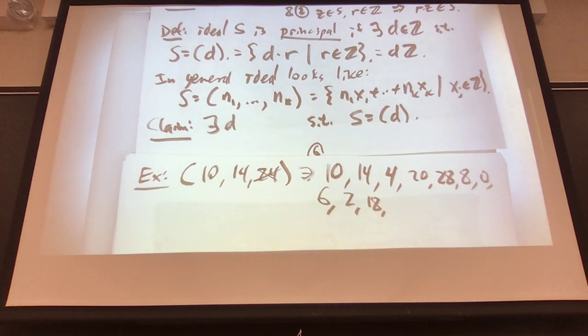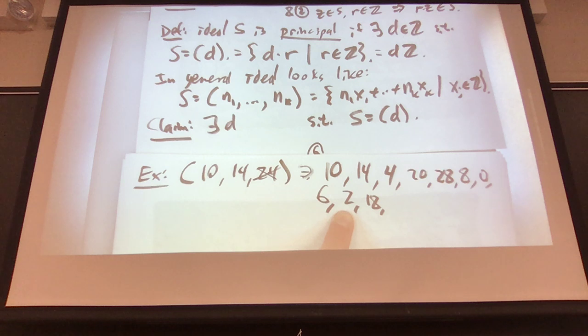So Drew said all evens. Since we have 2, we already know we can get all evens. Can we get any odds as linear combinations of 10 and 14? No. So we will get all evens. We will not get any odds. So this ideal is the ideal generated by 2. It is indeed principal.